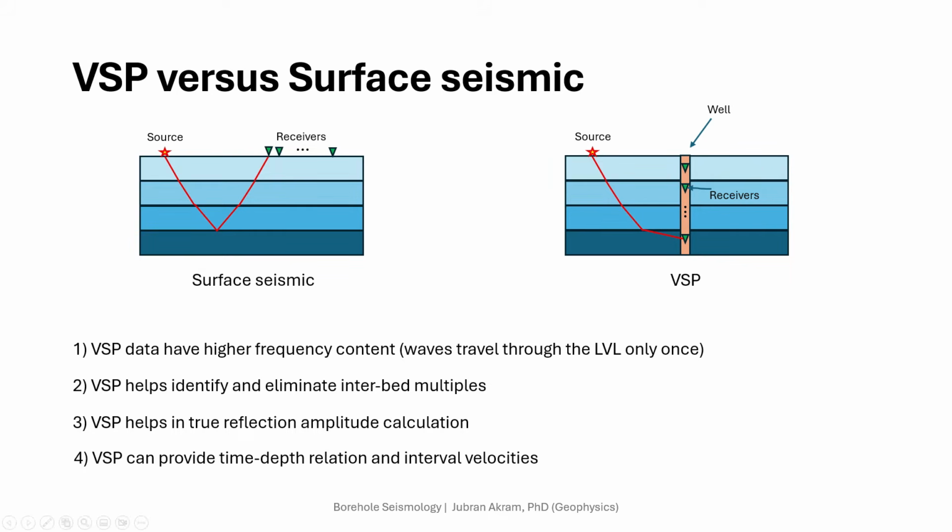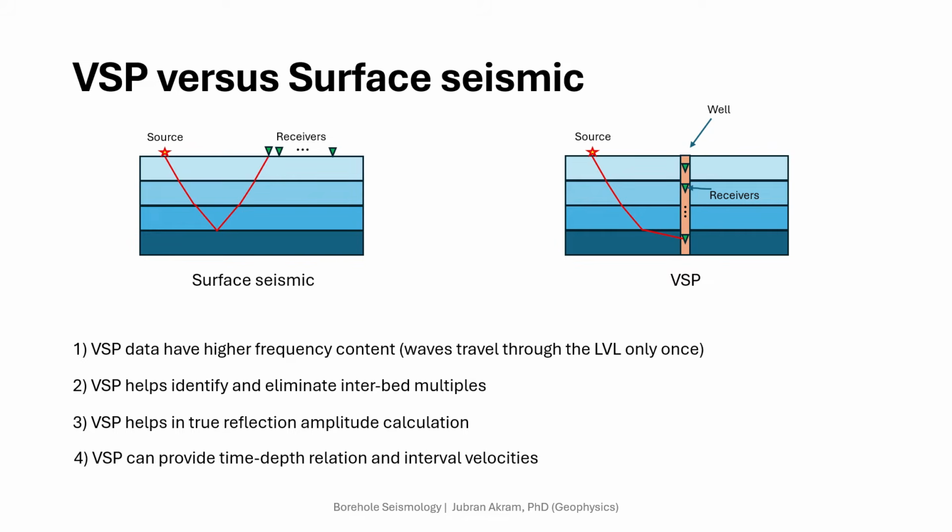There are certain advantages that VSP configuration has over surface seismic. One of them is that since the wave travels through the LVL, the low velocity layer, only once, it gets less attenuated. So the frequency content is relatively higher as compared to surface seismic. We also measure both downgoing and upgoing wave fields in VSP data, and we could design an efficient deconvolution operator and identify and eliminate interbed multiples from VSP.